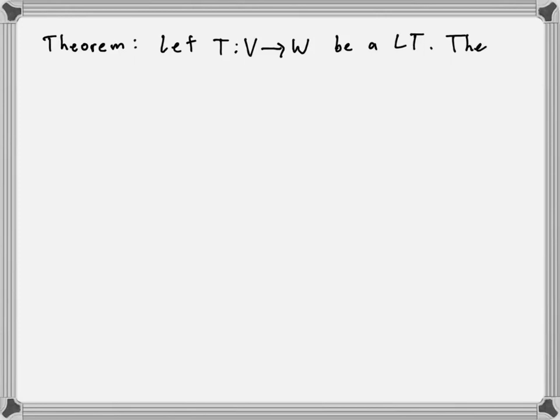Then the following two things are true. First, T of the zero vector, and I'm going to specify this is the zero vector in V, goes to the zero vector in W. So T sends 0 to 0.